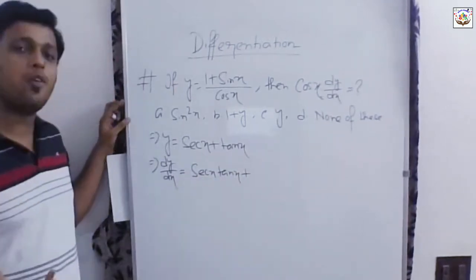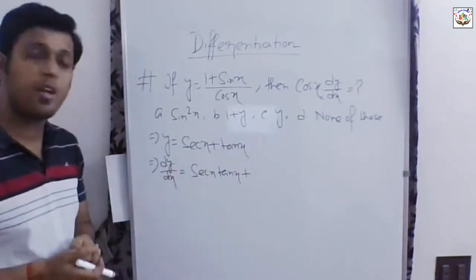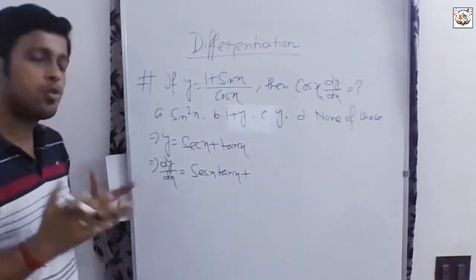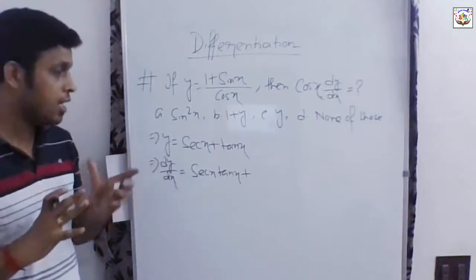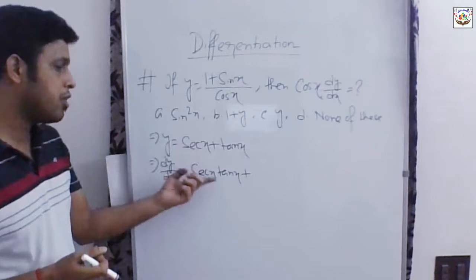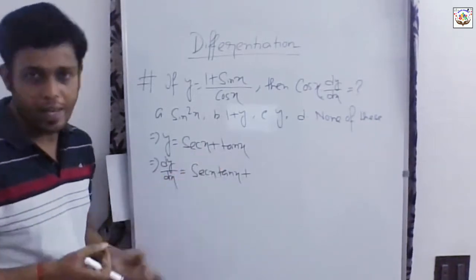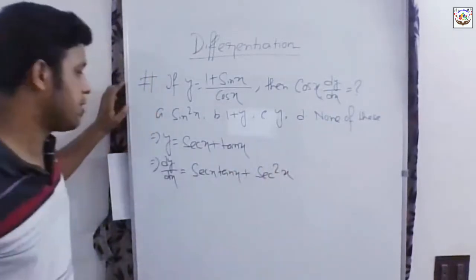If you have forgotten the formula of differentiation of these trigonometrical functions, then I would request you to go through the basic differentiation formulas, because you need those in every step of differentiation. So d/dx of sec x will be sec x tan x, and d/dx of tan x will be sec square x.